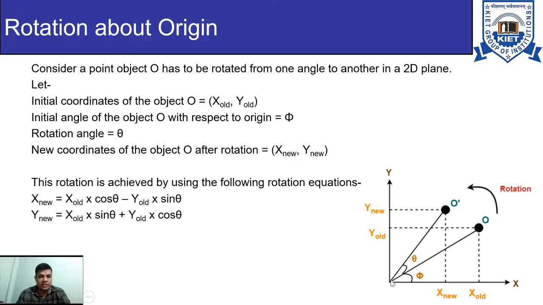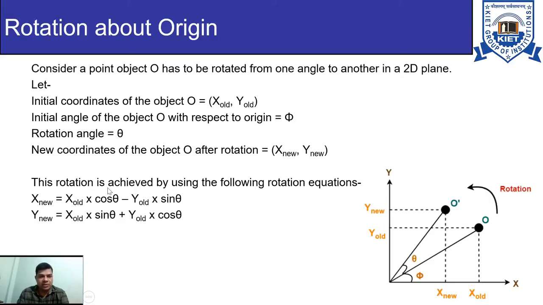The reference point is the origin, and whatever equations we see here give the rotation of any object about the origin. Initially the object is at an angle phi with the x-axis, and after rotating it by the angle theta, the new coordinates become x new, y new.